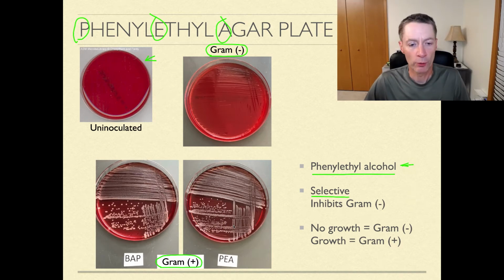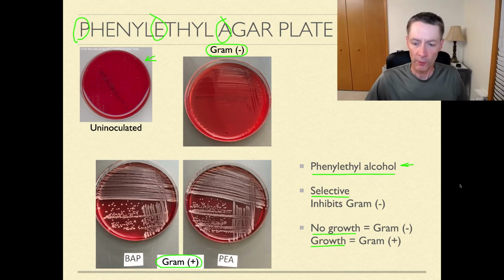And so they grew quite well. There doesn't seem to be much difference between the two plates because PEA didn't do anything to inhibit their growth. So we can say if there's no growth, like we see up here, gram-negative. If there is growth, like you see down here, we have a gram-positive organism.